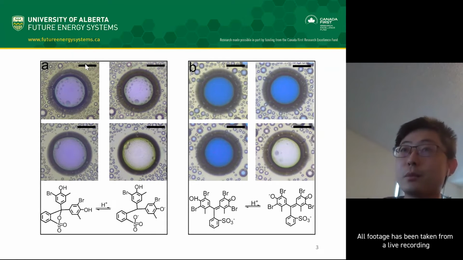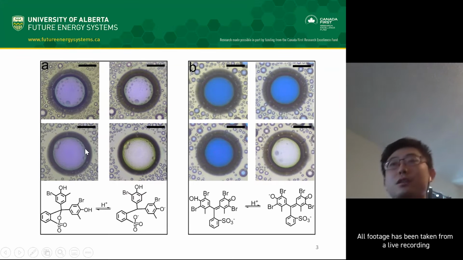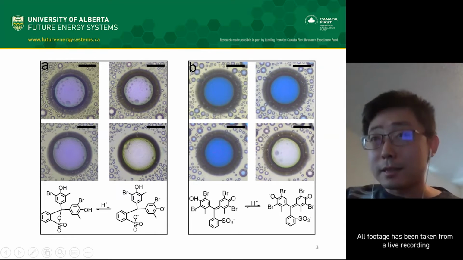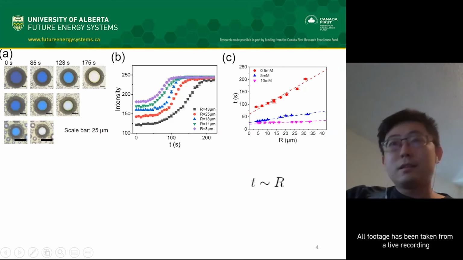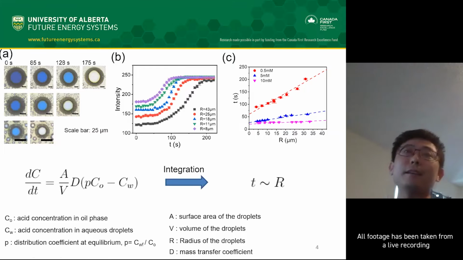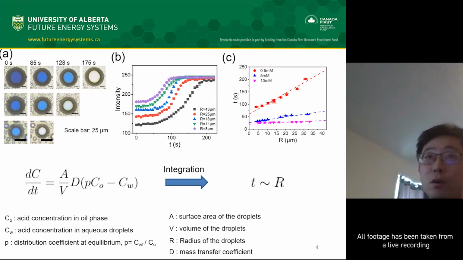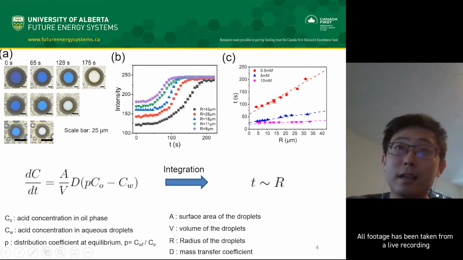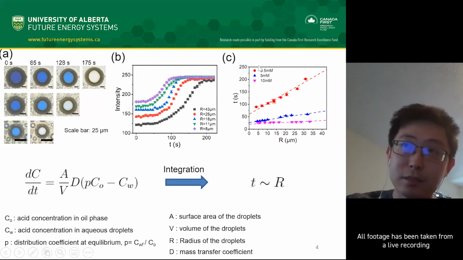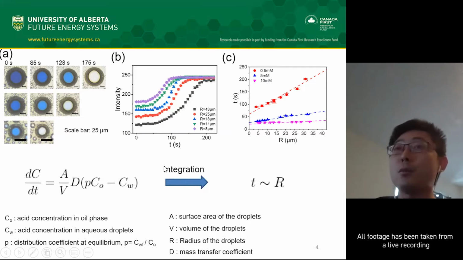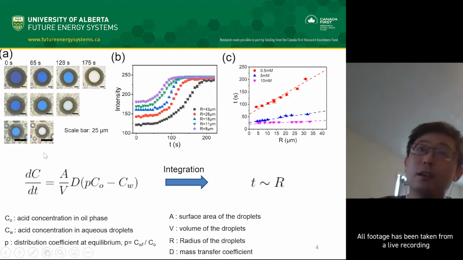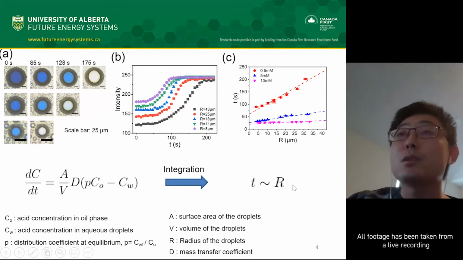We see that the droplets stay stable if we only inject pure oil, but they change color if the oil contains acids. We also find that the time scale of the color change depends on the droplet size and the concentration of the acid in the oil. This phenomenon can be simply explained by the mass transfer equation I'm showing here.